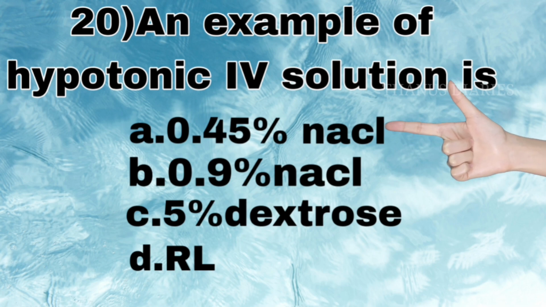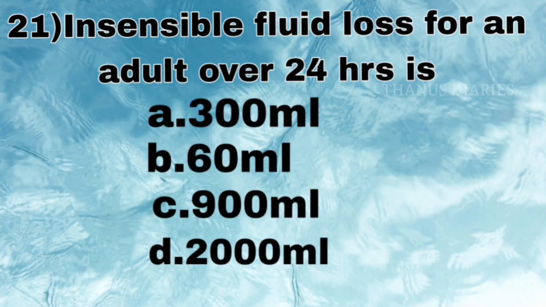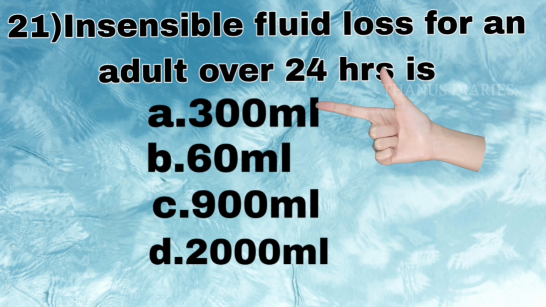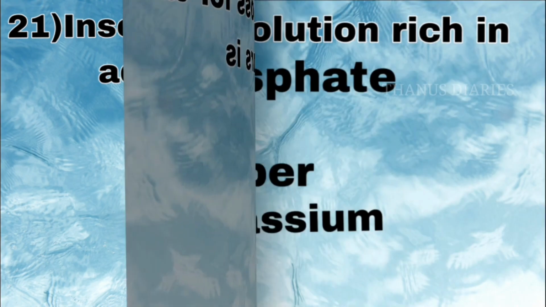The answer is 0.45% NaCl. Next question. Insensible fluid loss for an adult over 24 hours is 300 ml, 60 ml, 900 ml, 2000 ml. The answer is 300 ml for 24 hours.